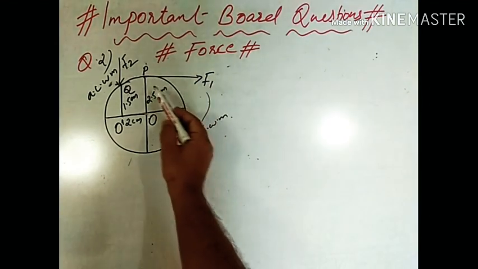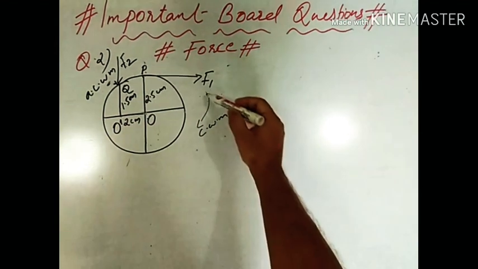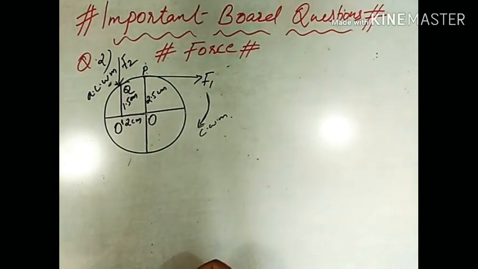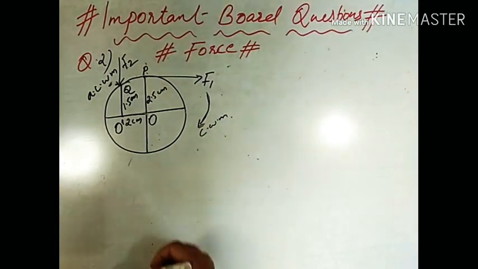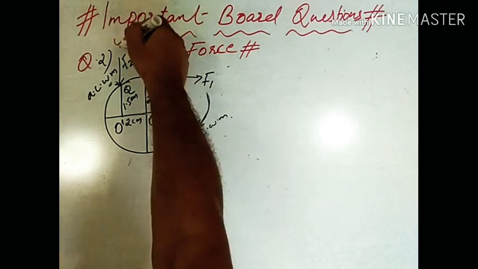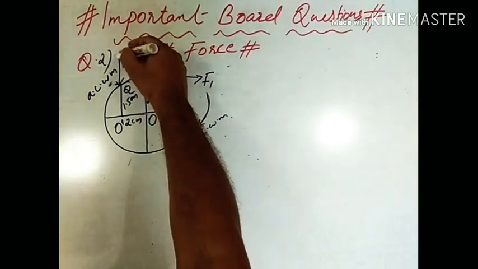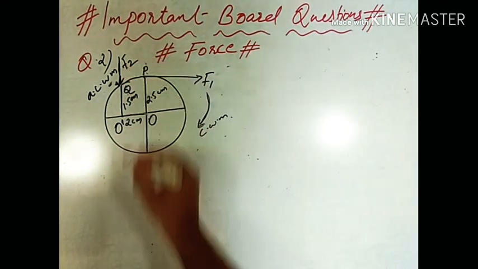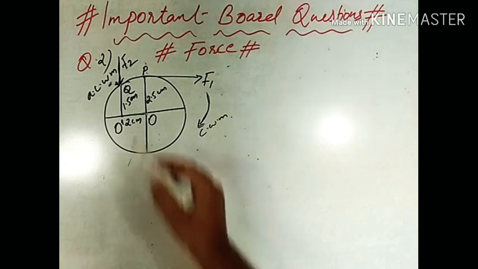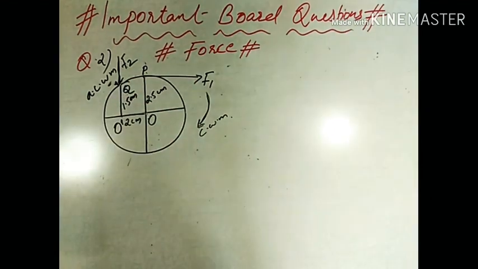The force F1 acting at the point P produces a clockwise moment. In order to balance this clockwise moment, we have to apply a force F2 at the point Q in the downward direction, so that it balances and remains stationary. F2 produces an anti-clockwise moment.